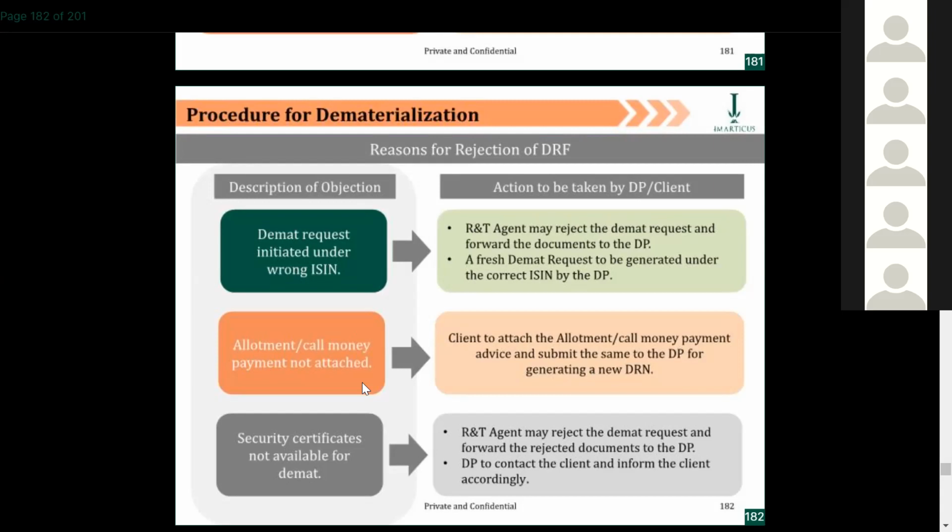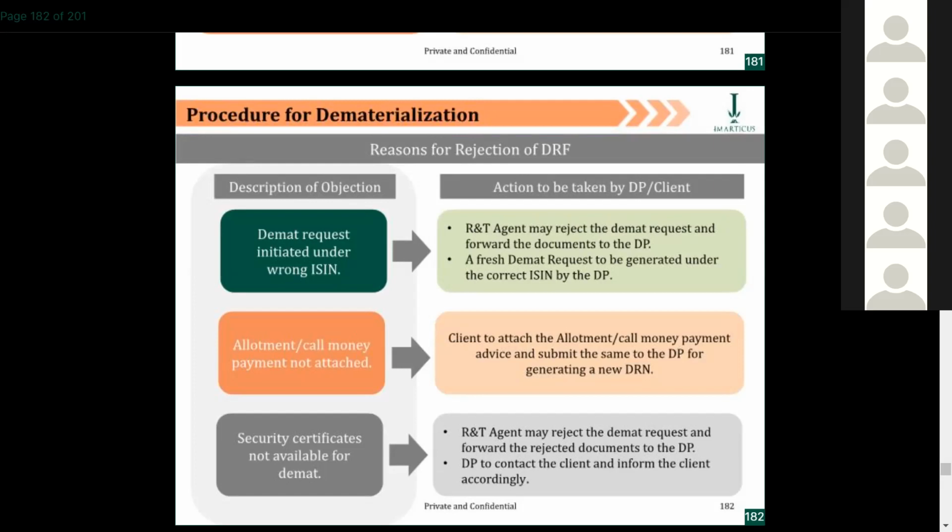So the client is to attach the allotment or call money payment advice and submit the same to the DP for generating a new DRF. Security is not available for demat. Obviously, the securities have to be returned, because if they don't have an ISIN or they are not available for demat, then the registrar and transfer agent will have to reject. So the R&T agent may reject the demat request and forward the rejected document to the DP.